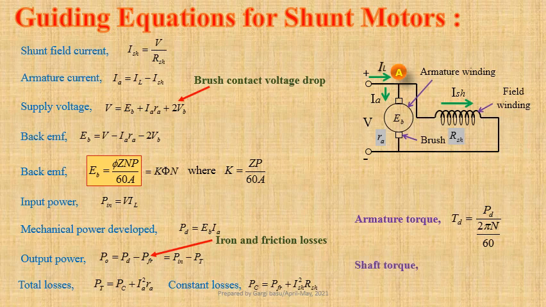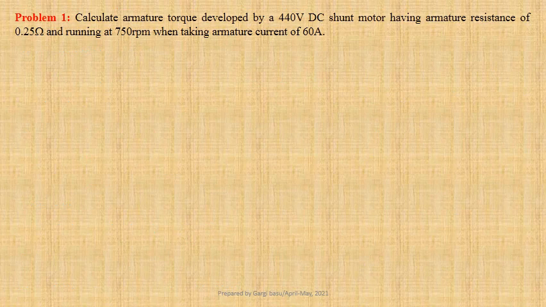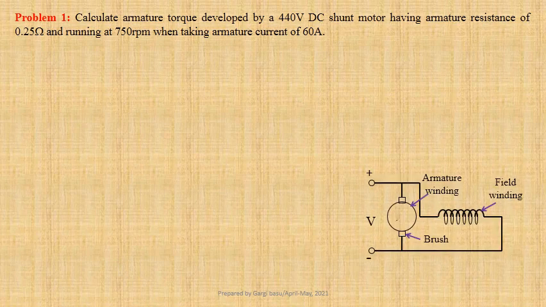Shaft torque TSH equals PO divided by 2 pi N by 60, where N is the motor speed in revolutions per minute.